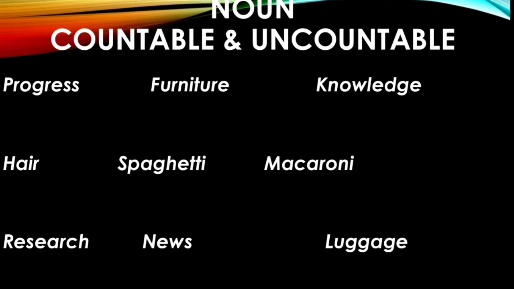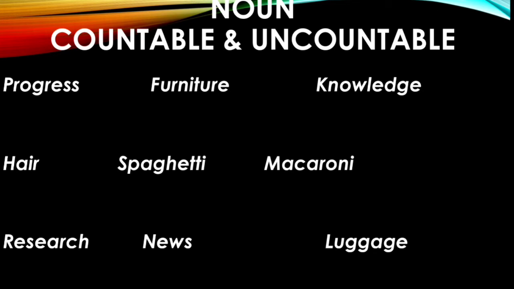So these words given here are uncountable nouns. We cannot qualify them with numbers or quantities like some or an or a or the, or add s to these words.